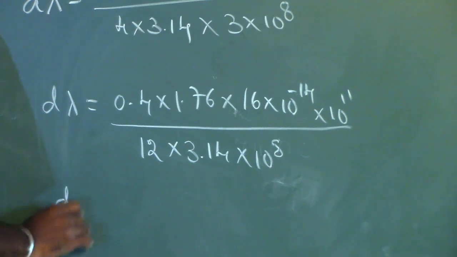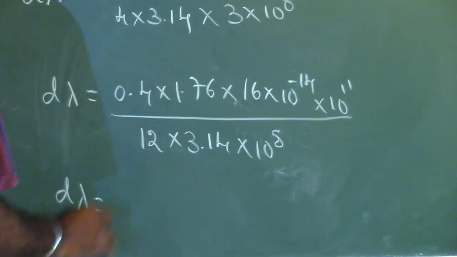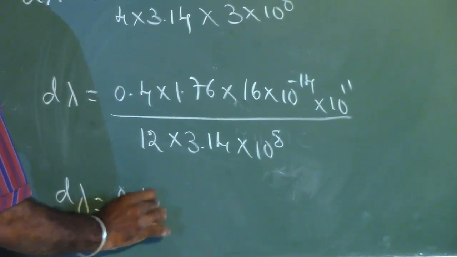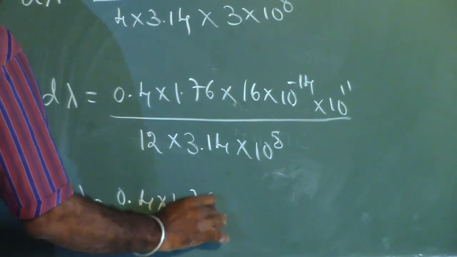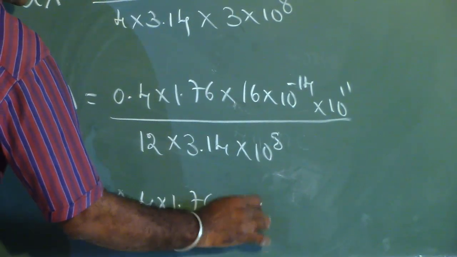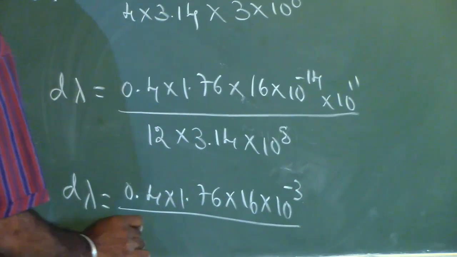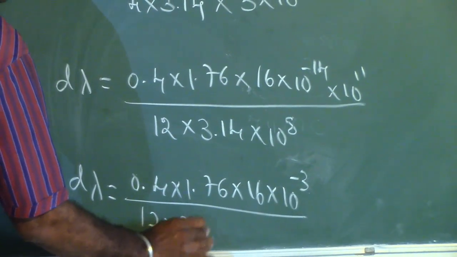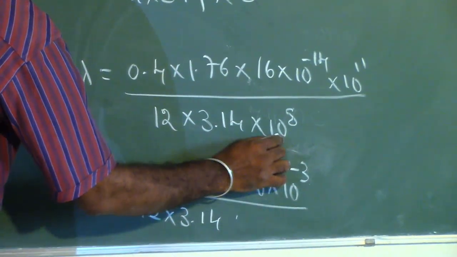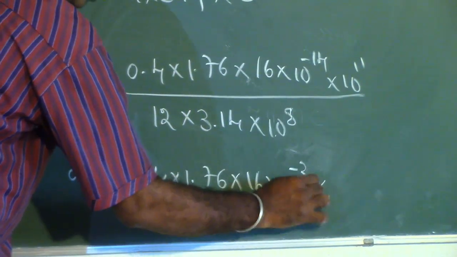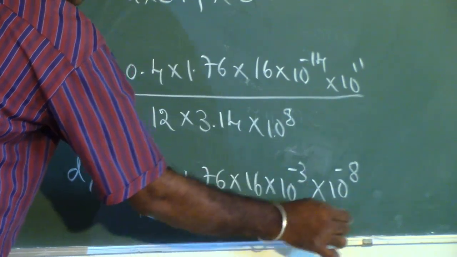Now, if I simplify the powers in the numerator, it will be 0.4 into 1.76 into 16 into 10 to the power of minus 3, the whole divided by 12 into 3.14. I'll take this 10 to the power of 8 to the numerator such that it becomes 10 to the power of minus 8.